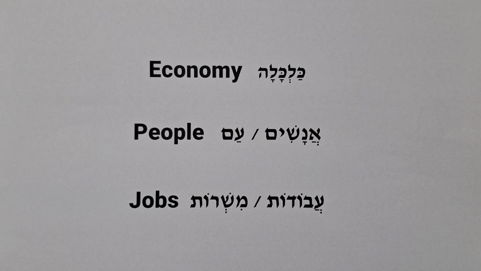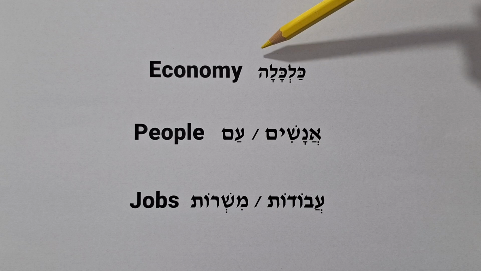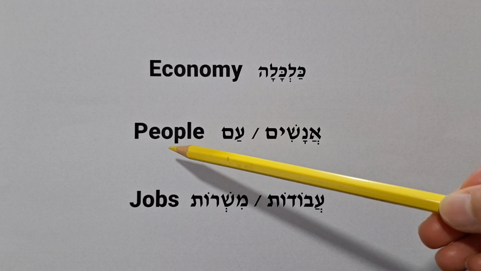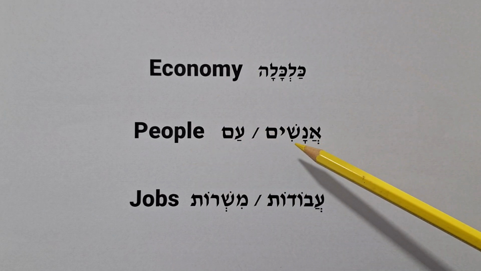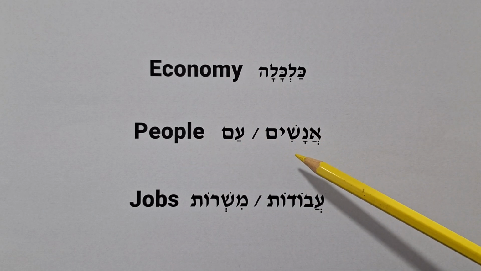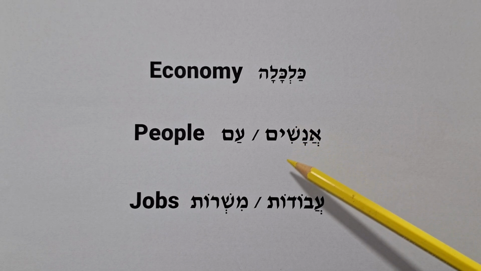So economy is kalkala, kalkala. People, it depends. There are two options. Anashim. So in Israel, there are 10 million anashim.